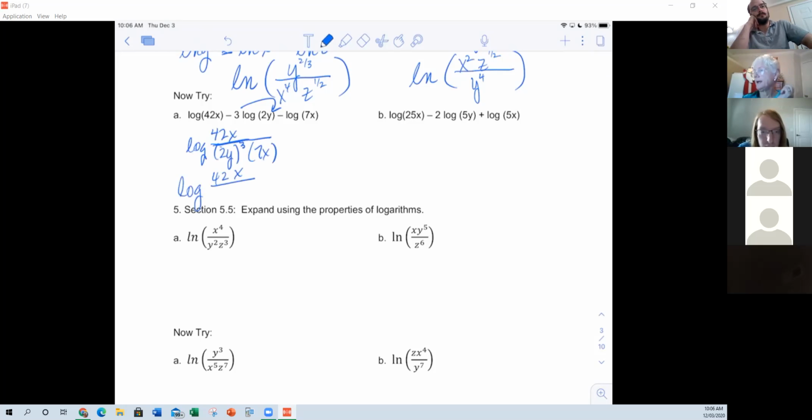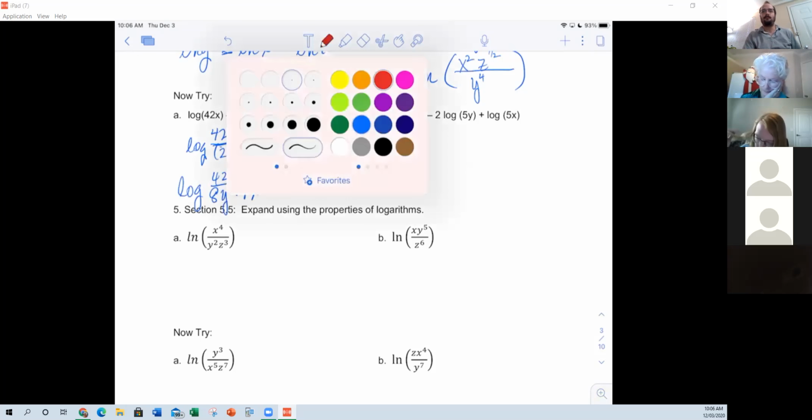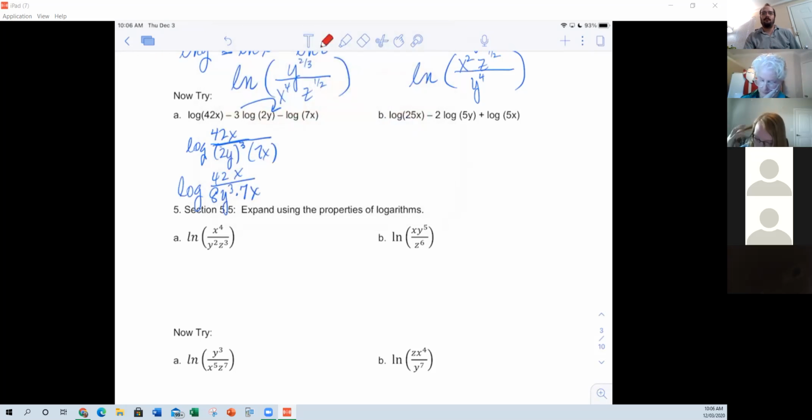Okay, so if you take 2 to the third, that's going to give you 8y to the third times 7x, right? Yeah, I didn't put my 2y in parentheses. That will mess you up for sure. So watch out for that.